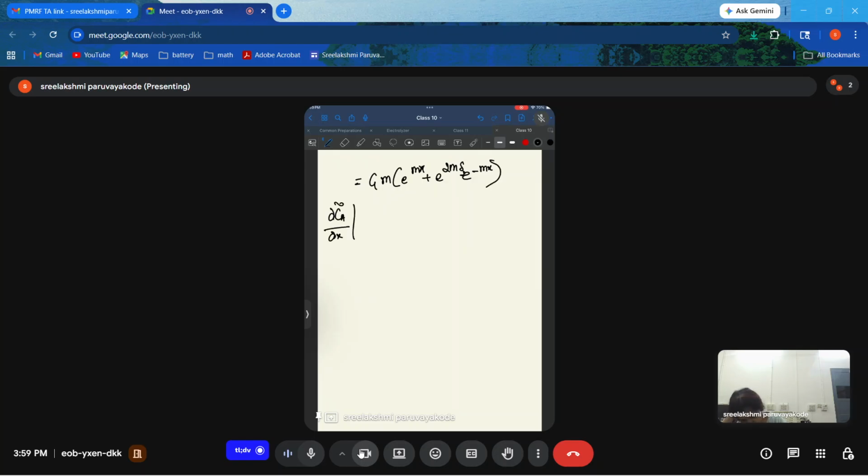Dou C by dou x at x equal to 0 equal to C1 m into 1 plus e to the power 2m del. Now we want to substitute this back into the expression which says dA C1 m 1 plus e to the power 2m del equal to IF by F. Now let's rearrange to find out C1 and C2. You get C1 from here. C2 gets expressed in terms of C1, so you'll get C2 also.